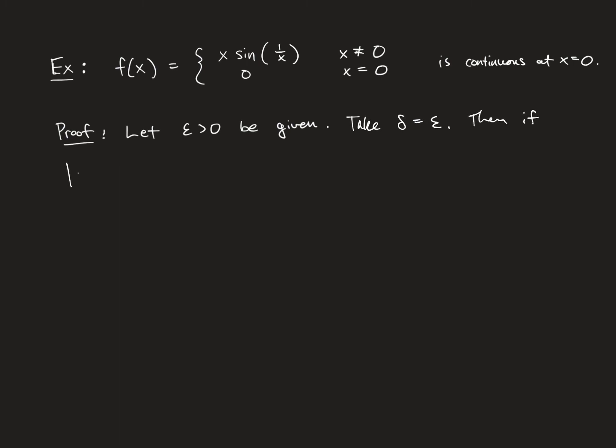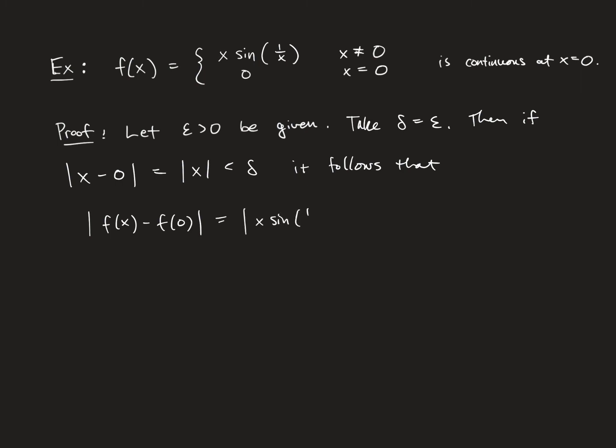Then if the distance between x and 0, which is just the absolute value of x, is less than delta, it follows that the distance between, I should be precise, f of x minus f of 0, that's just x sine 1 over x minus 0.